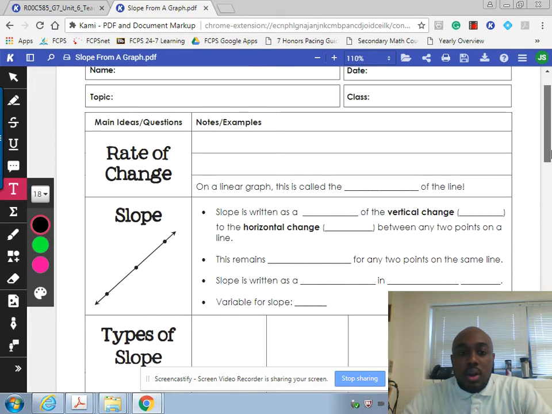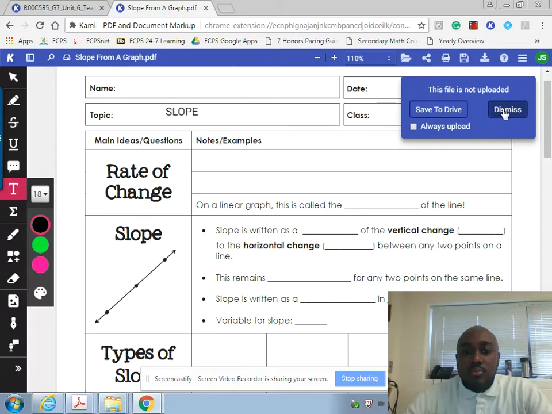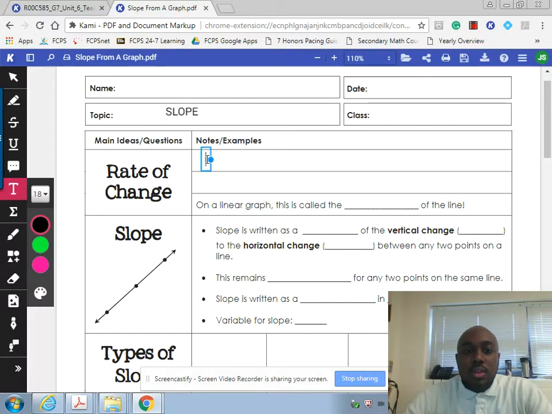So today we're talking about slope. That's our topic, slope. First and foremost, another way that we describe slope is called a rate of change. So what is a rate of change?